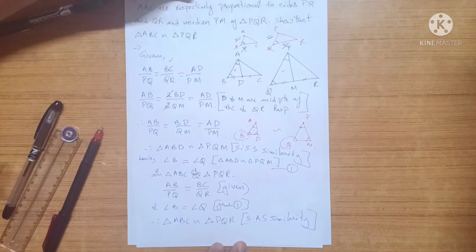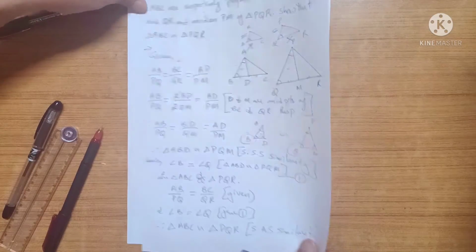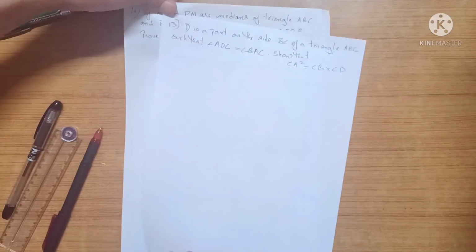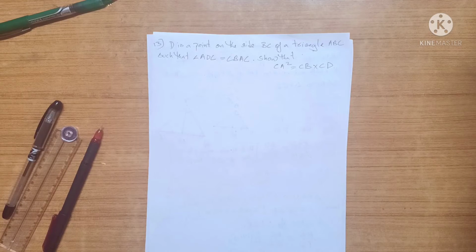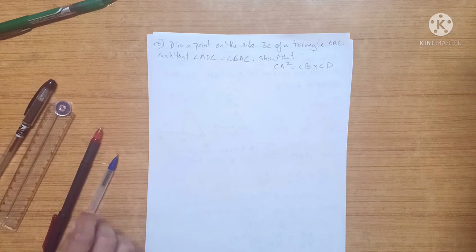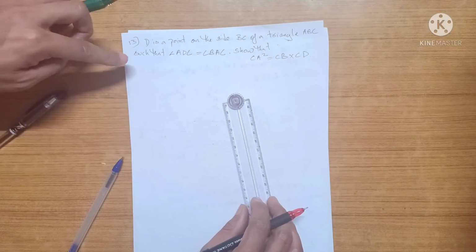So that is it for that question. Let's do number 13. For number 13, they have not given the diagram, so we'll have to draw the diagram, okay? They're saying D is a point on side BC of a triangle ABC.